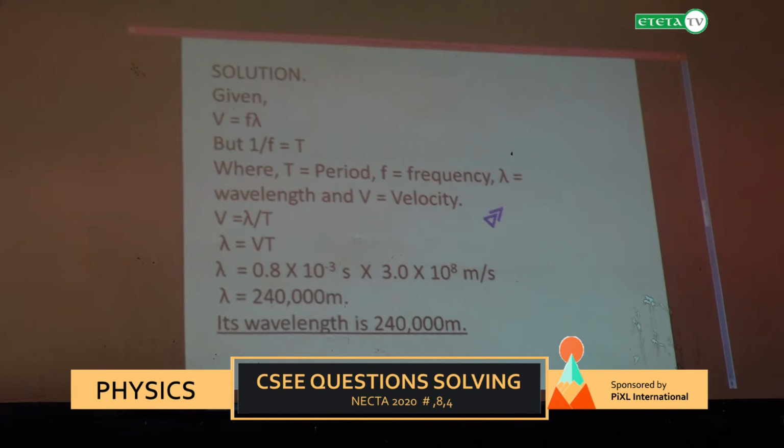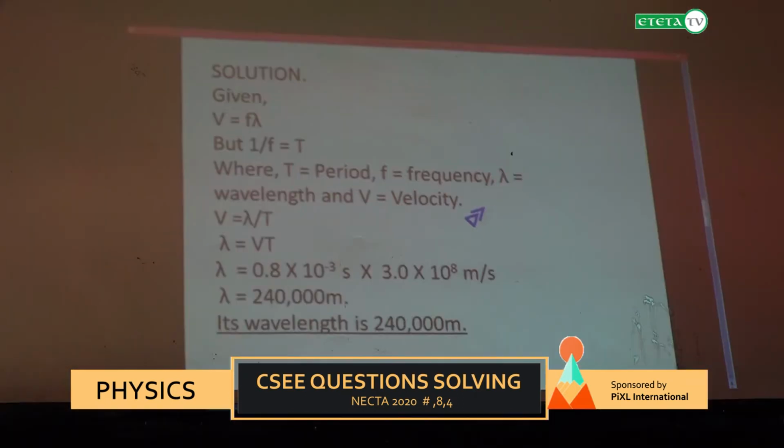We know that velocity of a wave is equal to frequency times wavelength. But we know that the reciprocal of the frequency gives us the period.